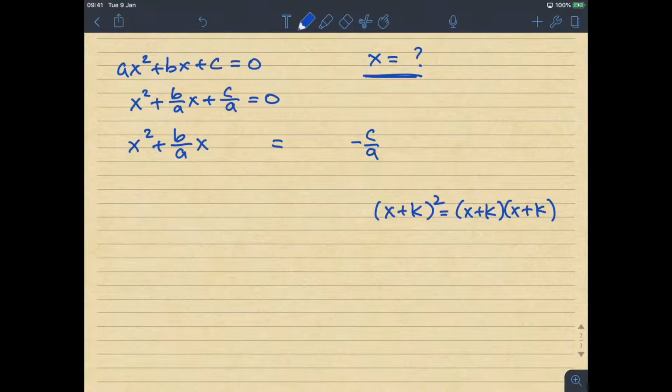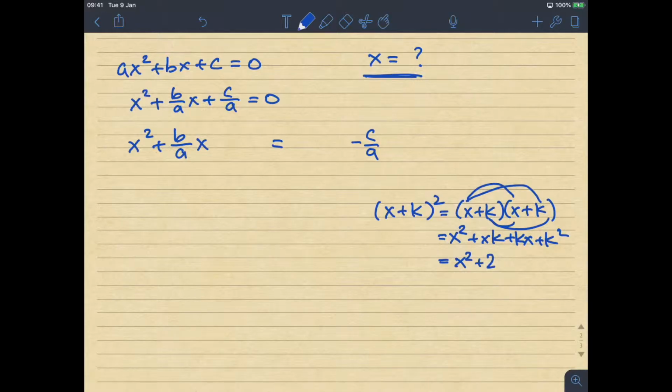So it equals x squared plus xk plus kx plus k squared.